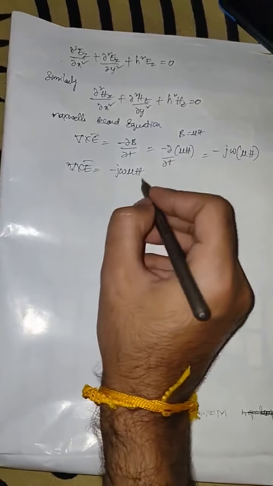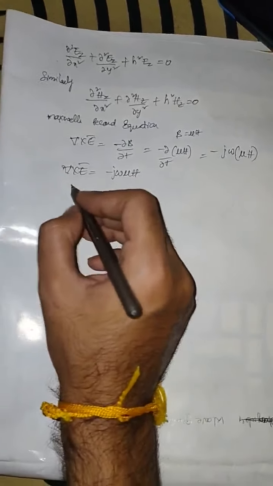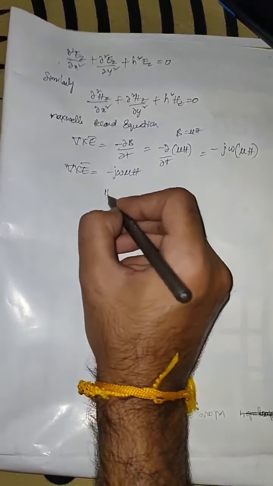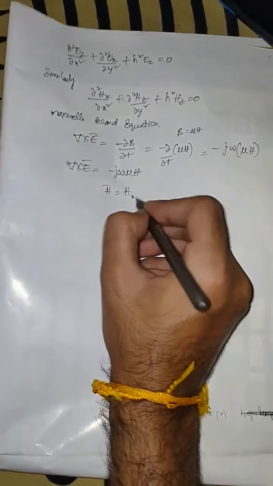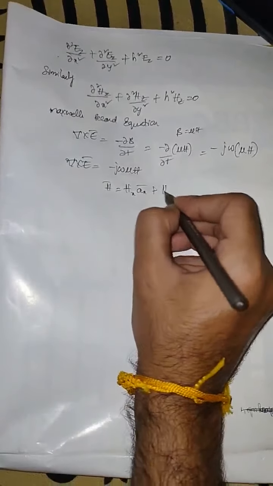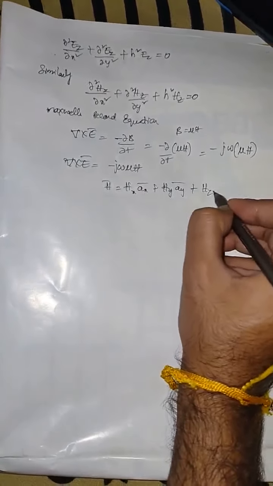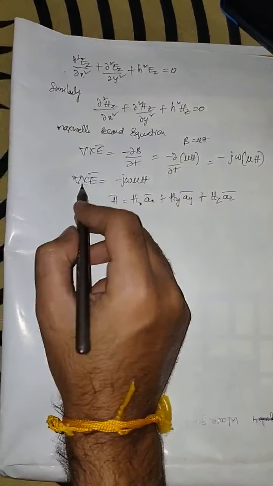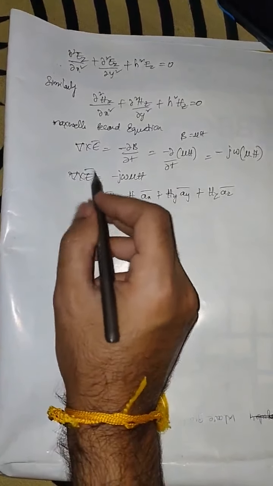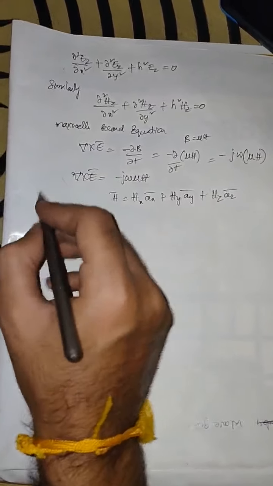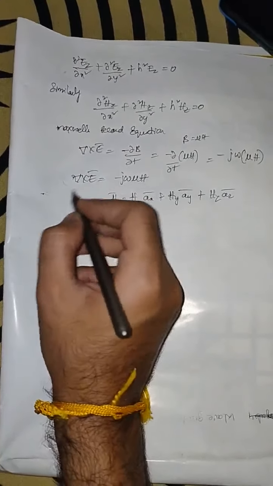Okay, now this H can be expressed in terms of the Cartesian coordinate system as H bar is equal to Hx ax plus Hy ay plus Hz az. Okay, so in order to derive Ex, Ey, Hx and Hy, we have to take the curl of E bar.